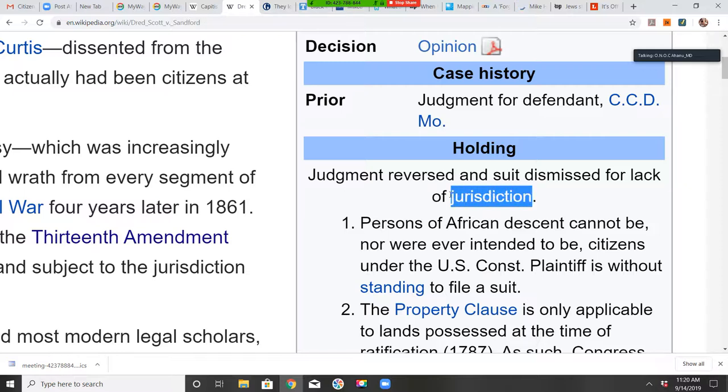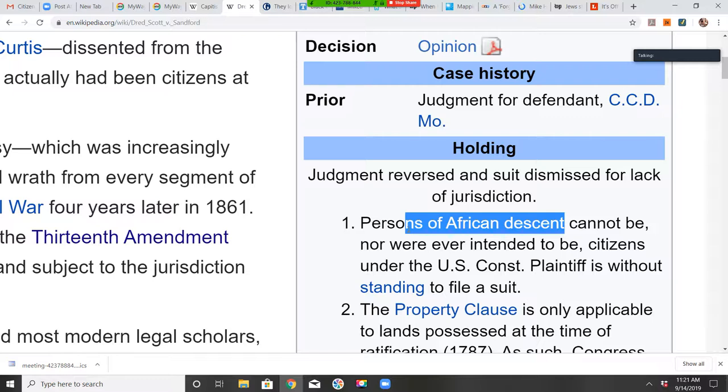The Supreme Court is a court for the citizens of the United States of America. And this case was brought up by a black. And so the first thing they're saying is that the Supreme Court, as a black, you're not even in our jurisdiction. So we can't decide anything for you. We can only decide for our citizens.